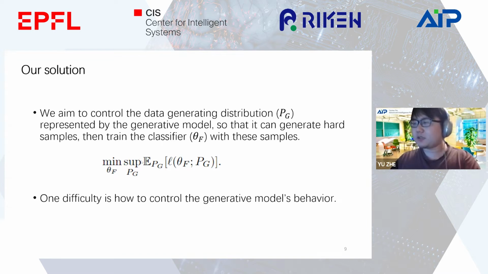In the inner part, we want to control the data generating distribution PG so that the classification loss is maximized. In the outer part, we want to optimize θF so that the loss value is minimized. Here, one difficulty is how to control the generative model's behavior, which means how we affect PG.